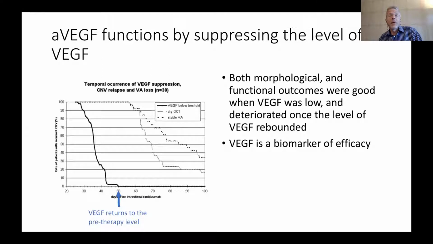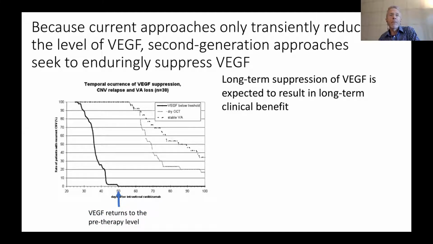Another point that can be made from this slide is that VEGF is an effective biomarker of the efficacy of the drug. Because current approaches only transiently reduce the level of VEGF, second generation approaches seek to enduringly suppress VEGF.